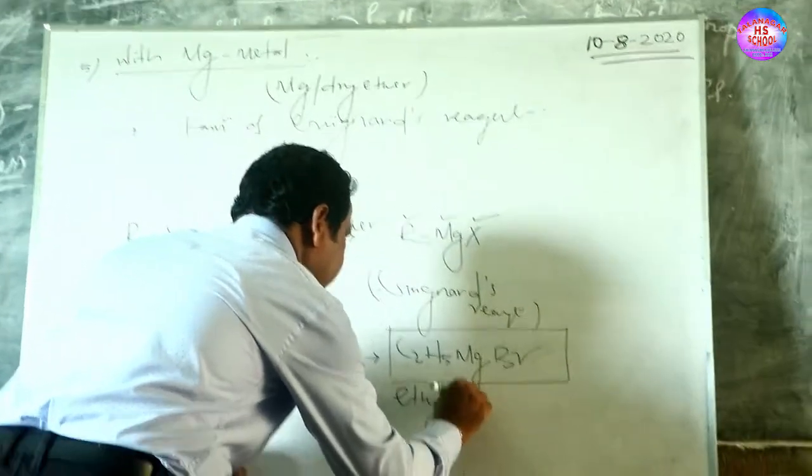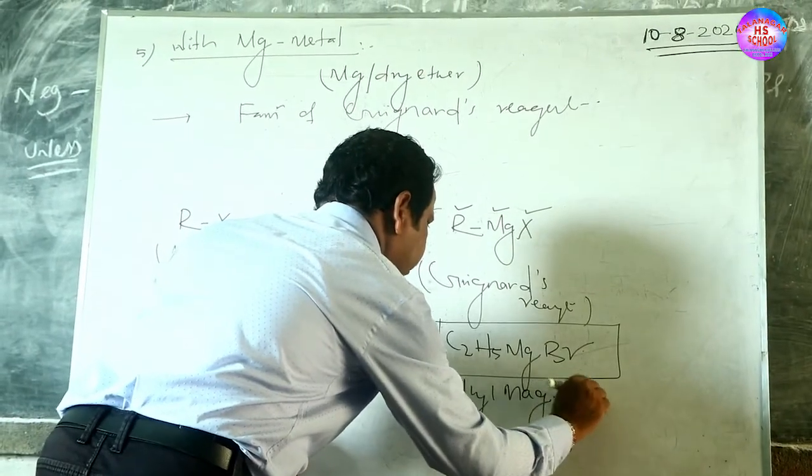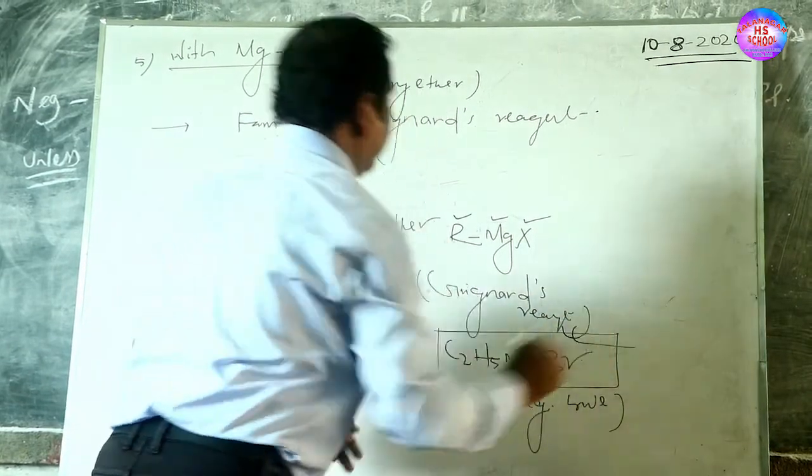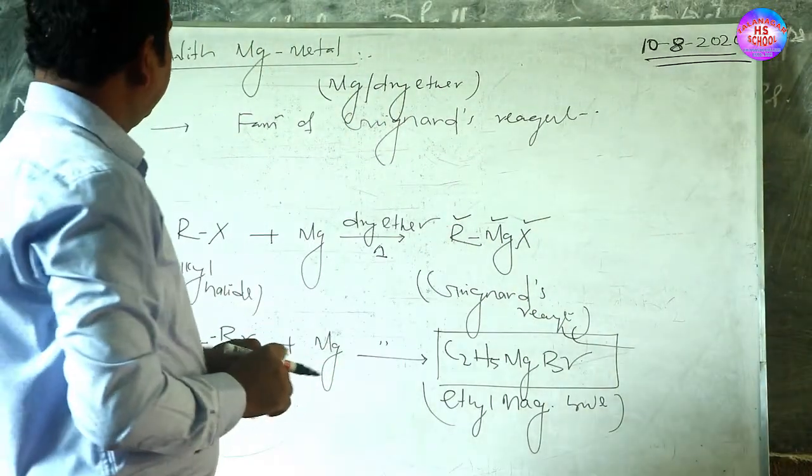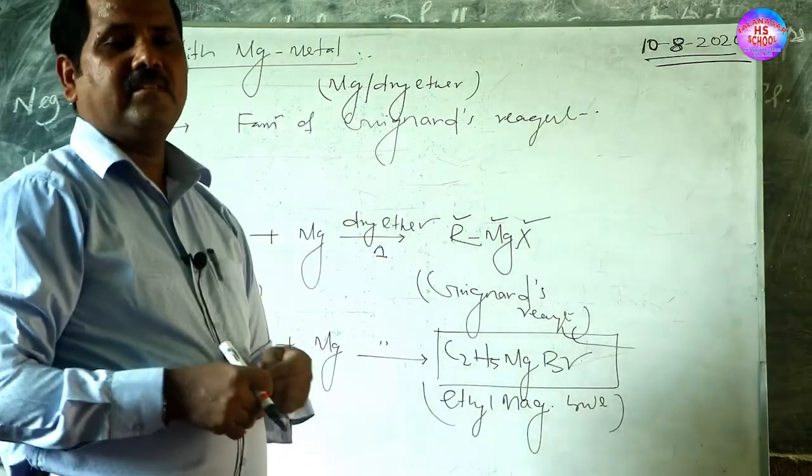Ethyl magnesium bromide is an example of Grignard's reagent. Thank you. In the next class, we will read the other reactions.